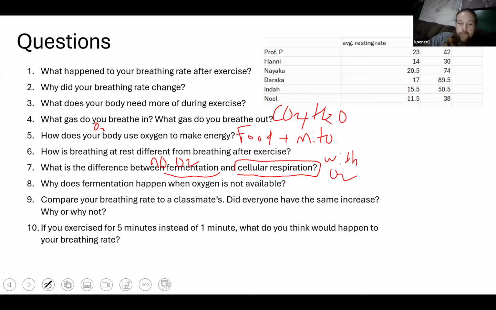So if you exercise for 5 minutes instead of 1 minute, what do you think would happen to your breathing rate? If you kept going for 5 minutes, do you think it would continue to increase or would it go back down?